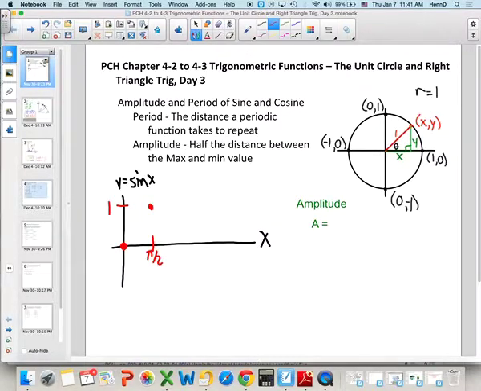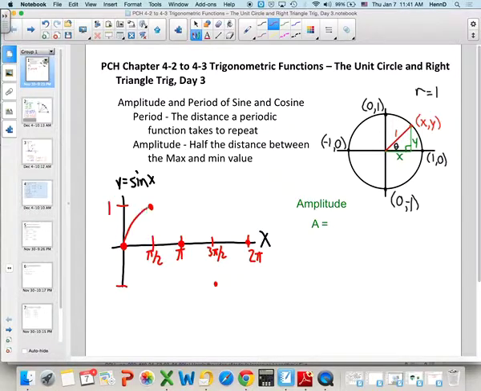Okay. What about when I get to pi? 0. We're back to 0. How about 3 pi over 2, which is the same as 270? We're at -1. And then I get back to 0 when? At 360, or 2 pi, okay?